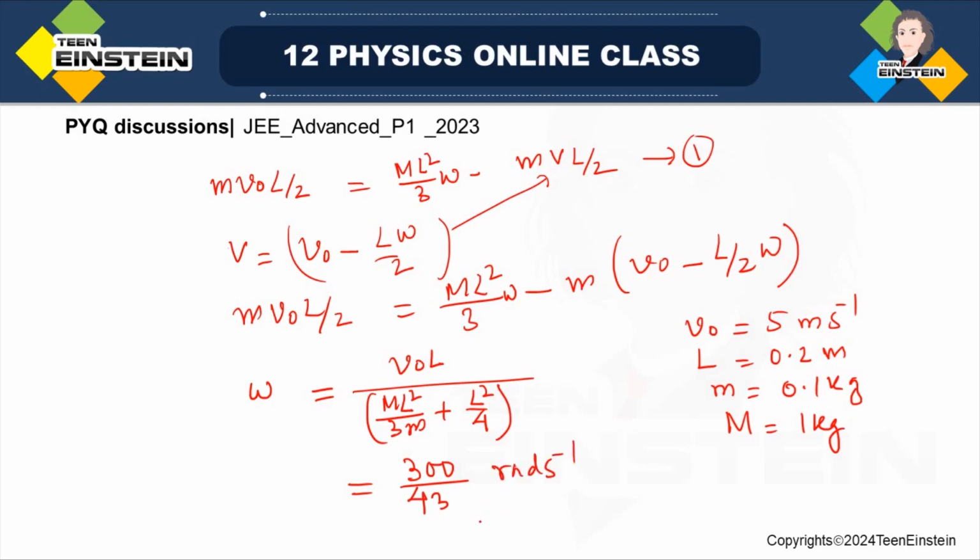If you divide it and simplify, you will get something like 6.976 rad per second, which is approximately 6.98 radian per second.